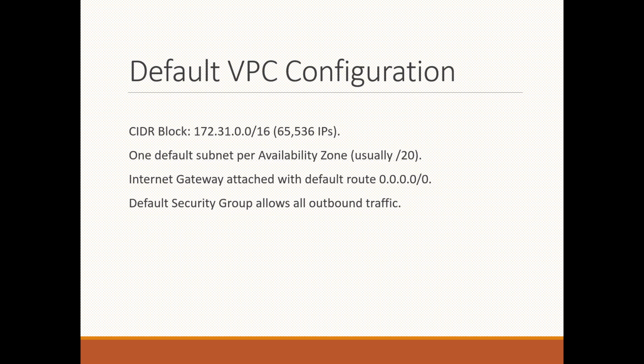We'll discuss inbound and outbound traffic separately in a later section. For now, understand that inbound means incoming traffic and outbound means outgoing traffic. Next, the default NACL allows all inbound and outbound.